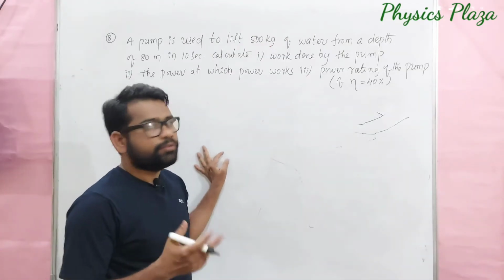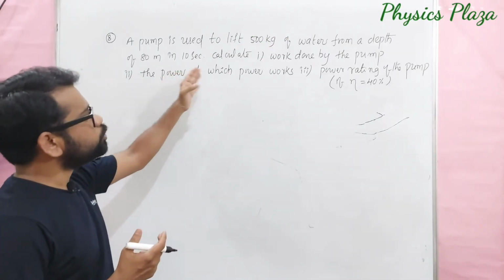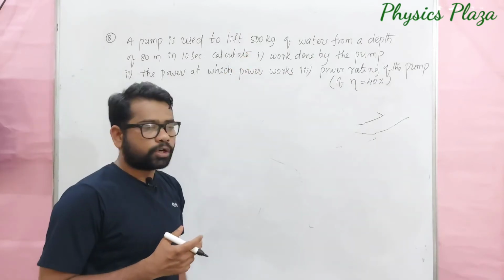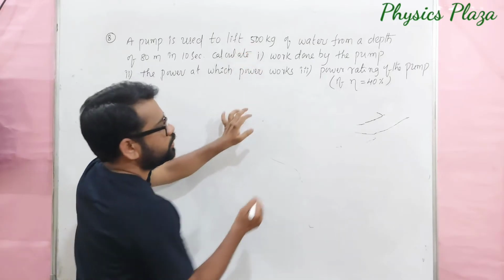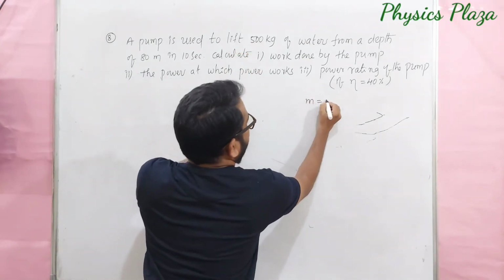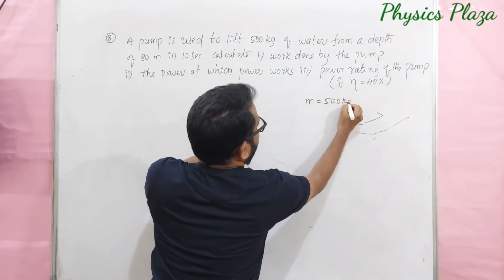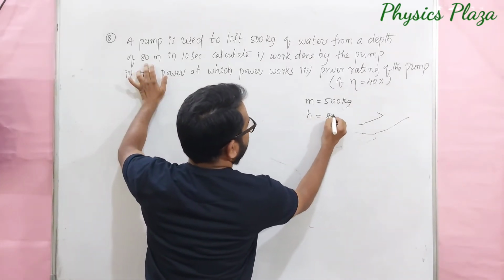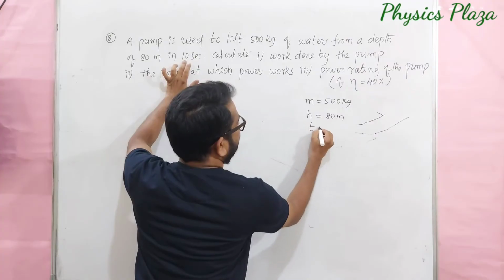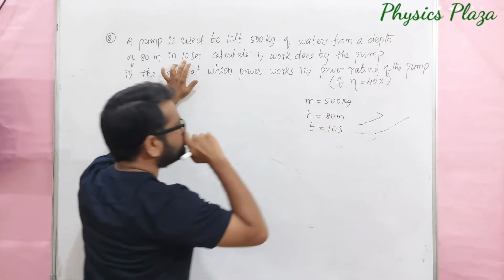Children, in this numerical, it is given that a pump is used to lift 500 kg of water from a depth of 80 meters. So here mass is given, 500 kg, whereas depth, that is h, is 80 meters, in a time of 10 seconds.